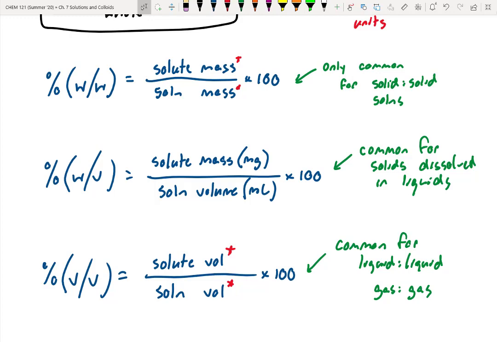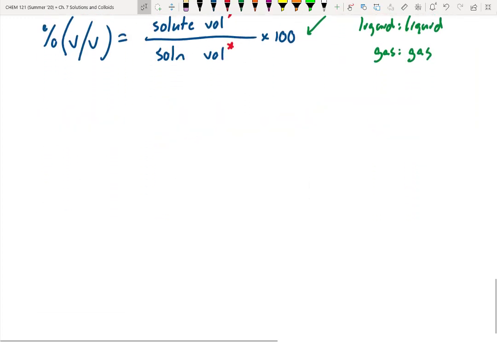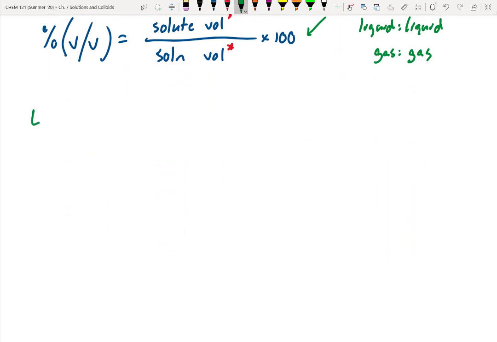Okay, so let's do an example calculation. So 90 proof vodka, and I'll just make this exactly 90 proof, just to keep things simple, is 45% volume by volume ethanol.